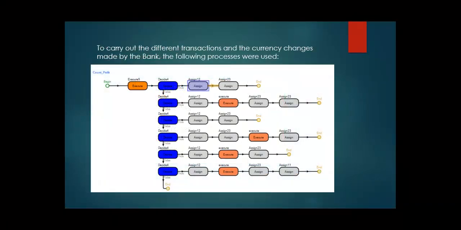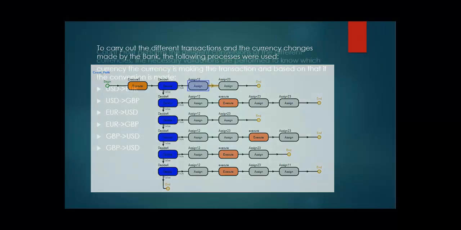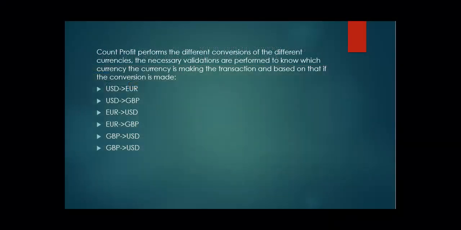To carry out the different transactions and the currency changes made by the bank, the following processes were used. The count profit process. Count profit performs the different conversions of the different currencies.